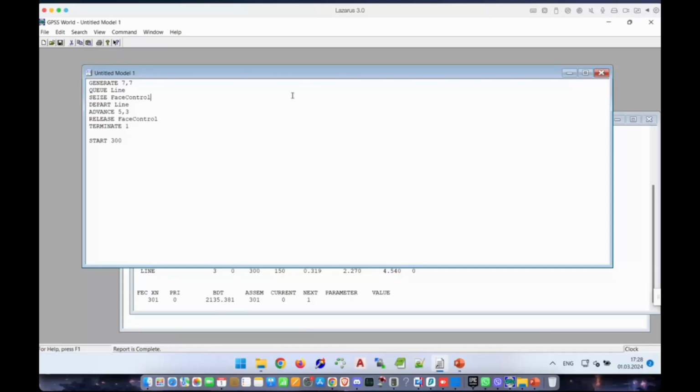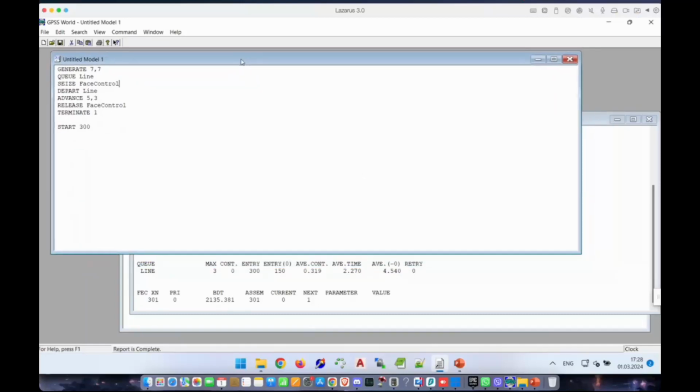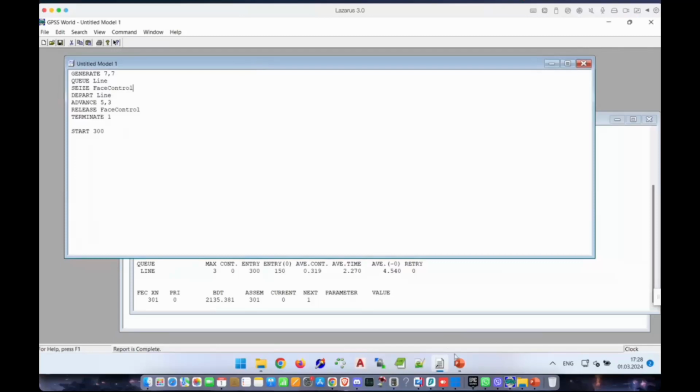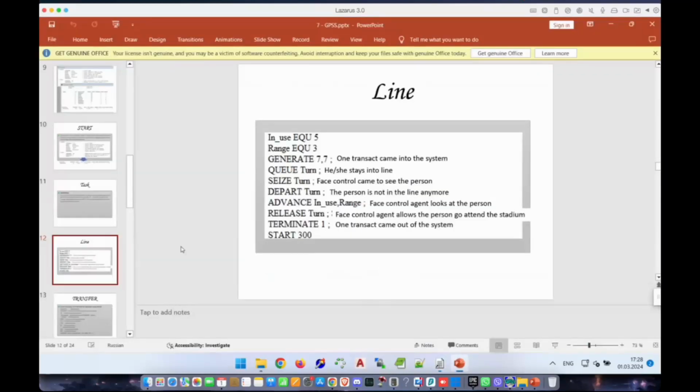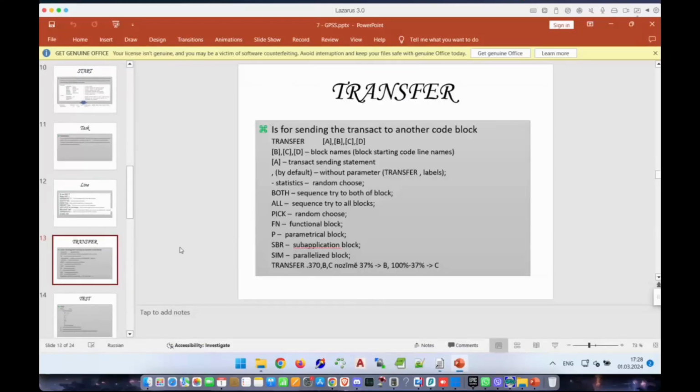All right, so let's take a look at the next examples, maybe a bit more interesting ones. Among the commands, we can have one called transfer.